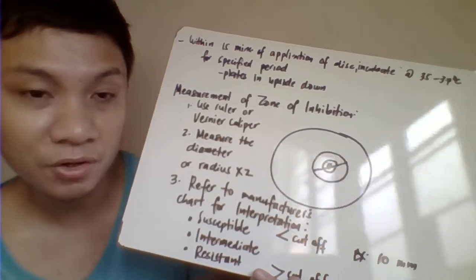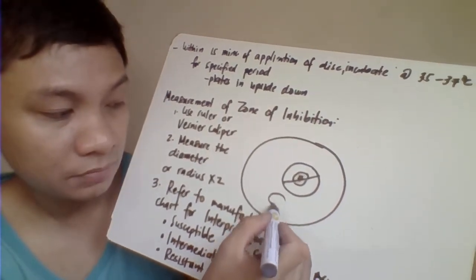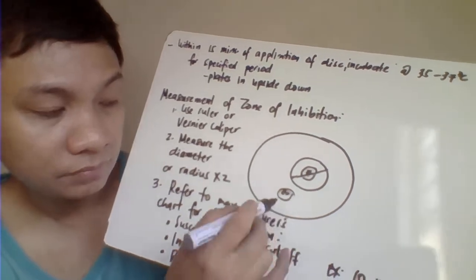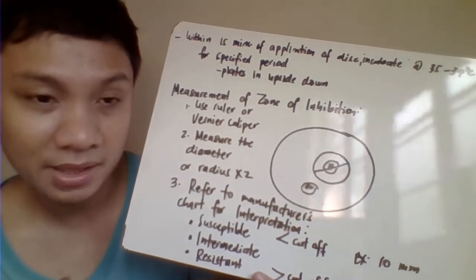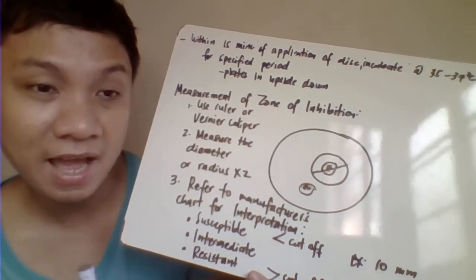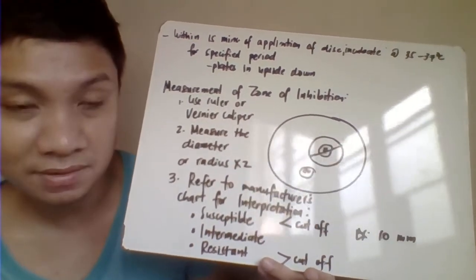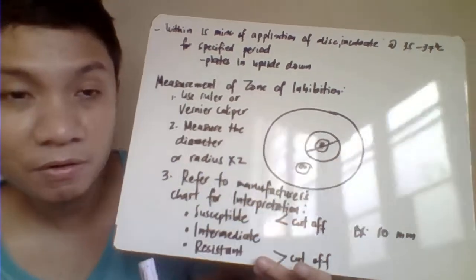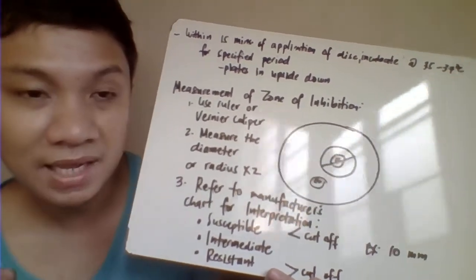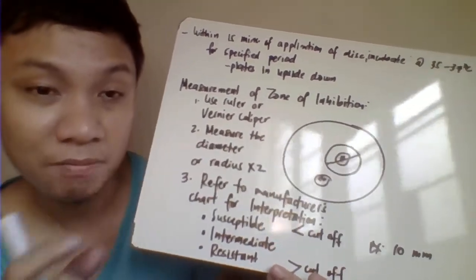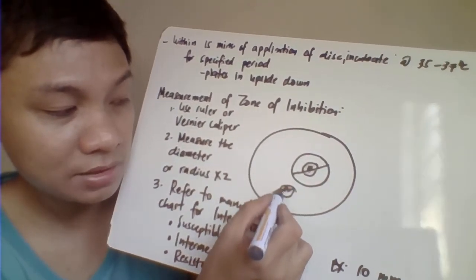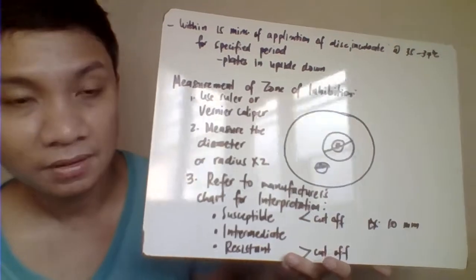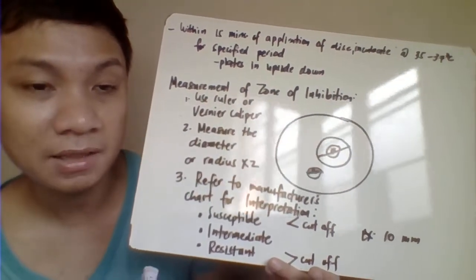If there is no zone of inhibition, for example, this is our antibiotic. We report the zone of inhibition as the diameter including your antibiotic disc. So if there is no zone of inhibition, we are not reporting 0 millimeter, because you still have the antibiotic disc.